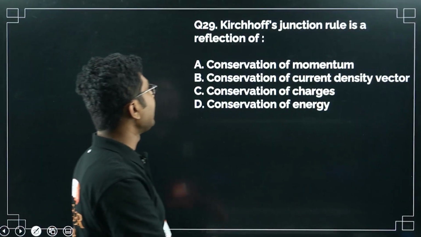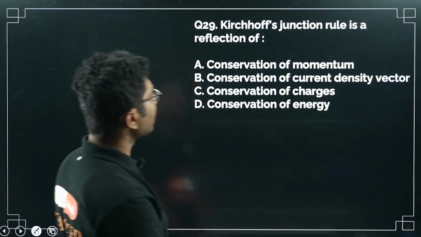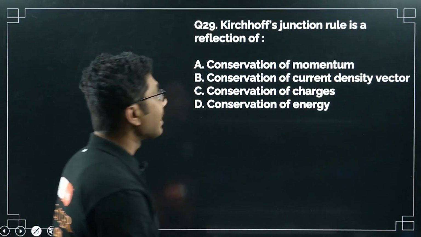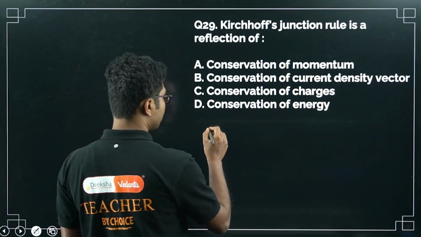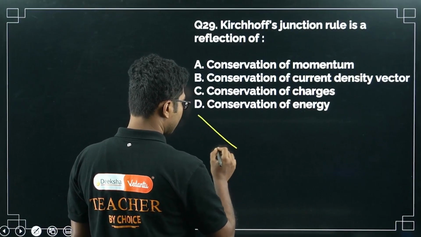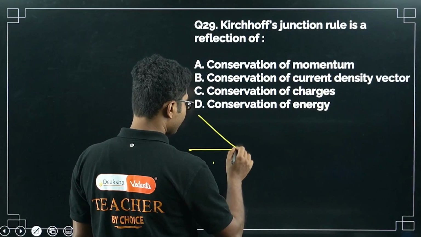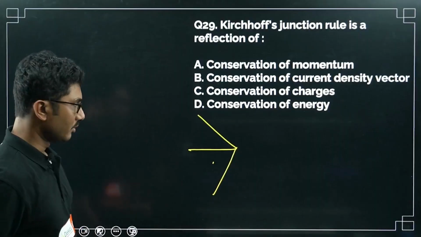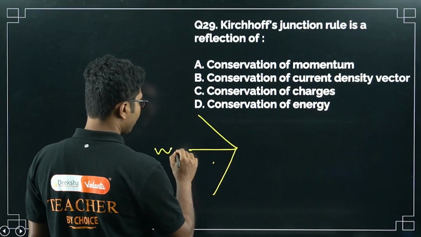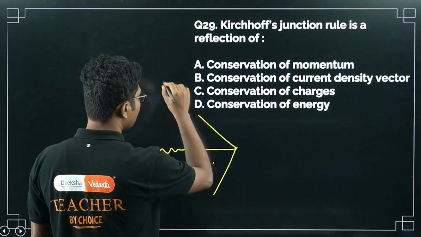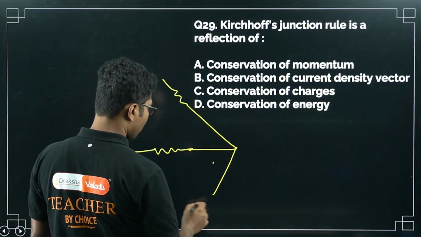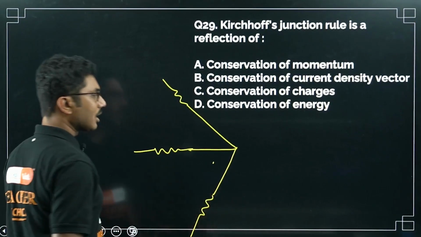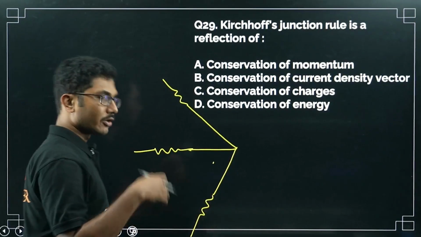Now question number 29. Kirchhoff's junction rule is a reflection of Kirchhoff's... There are two rules: Kirchhoff's junction rule and Kirchhoff's loop rule or voltage rule. We used to call it Kirchhoff's current law, because it talks about current, and Kirchhoff's voltage law, where we are talking about voltage.